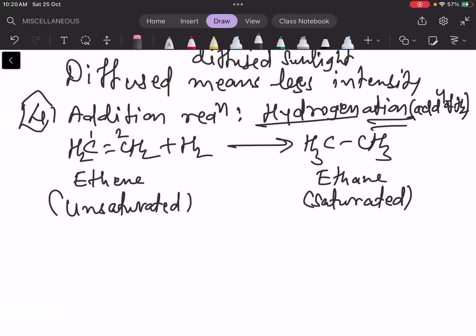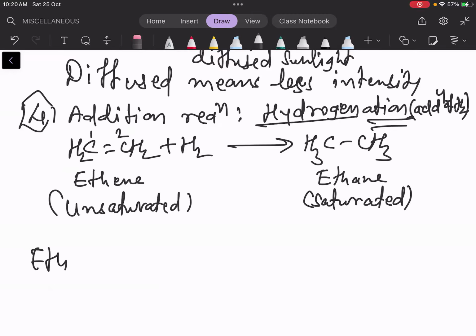The next point is ethanol, one of the carbon compounds, right? Ethanol is C2H5OH. Now, the next point is hydrocarbons.